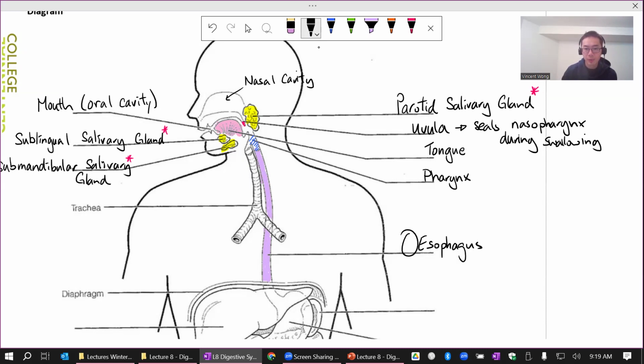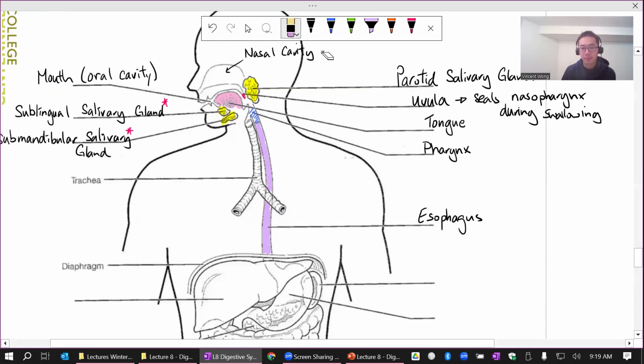Okay, some people spell it with an O at the front, but esophagus is fine. Now we have a diaphragm here, and there's actually a hole here. There's a hole in the diaphragm called the esophageal hiatus.